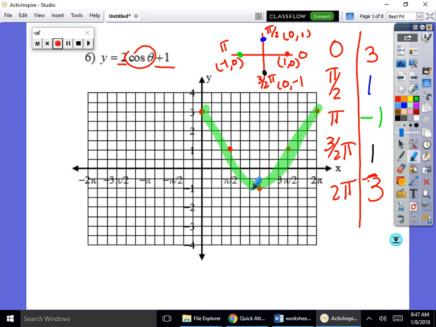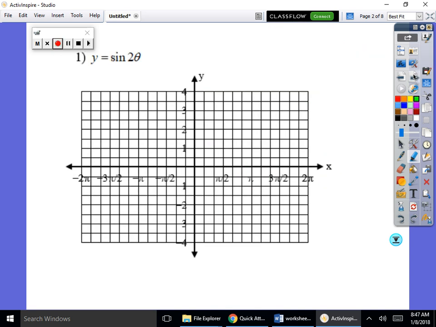Okay. Now, go back to number 1. On Friday, to make things easy, I changed the amplitude, okay? Or not the amplitude, I changed the period to make it 3. The reason why I did that is simple.